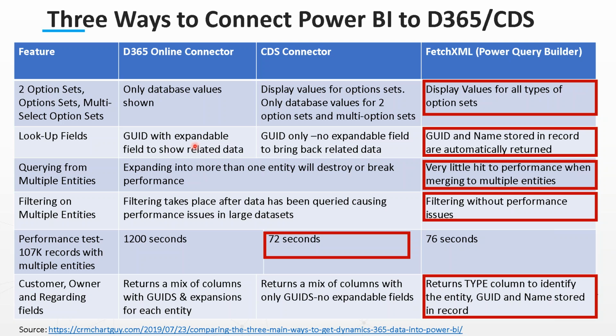It creates the merge automatically on every single lookup field. And because it's creating all those merges, whether you need them or not, it's going to eat up a lot of performance when you click the close and apply button.